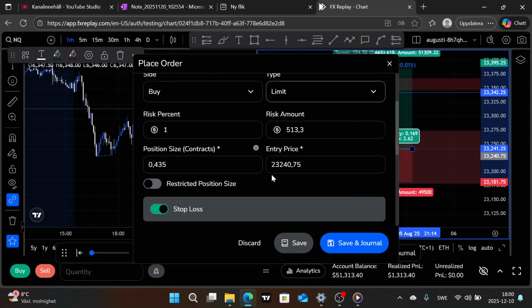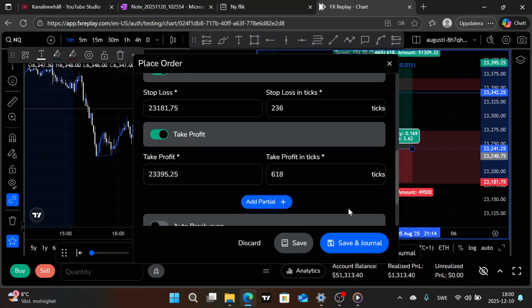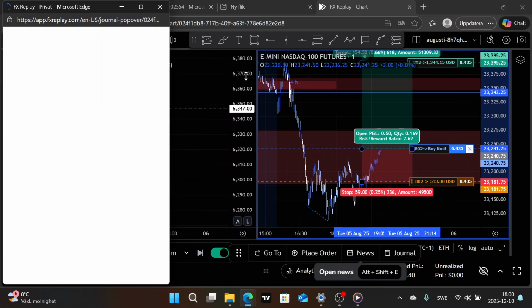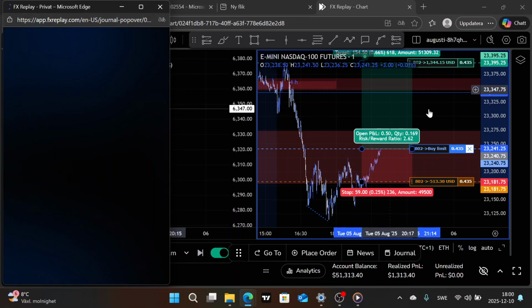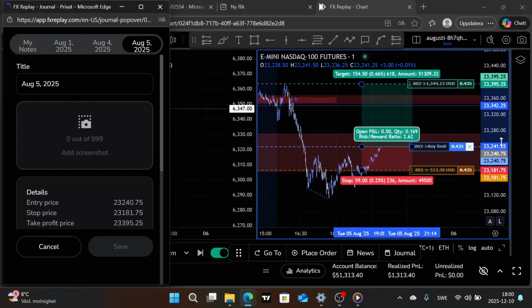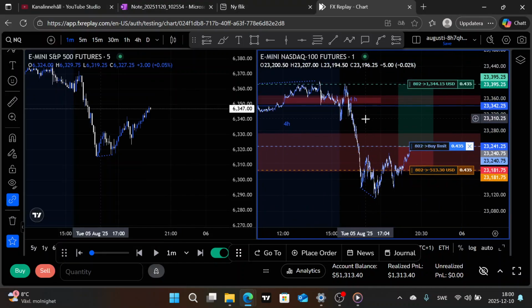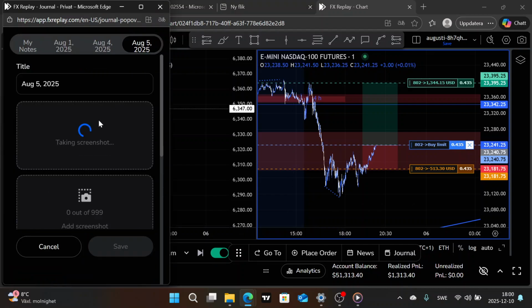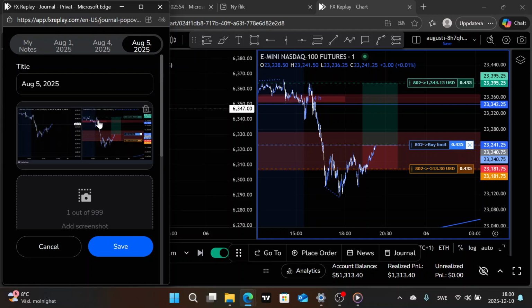Place order, 1% of my account, which is $513, and save and journal, and take pictures, as many as you can. Just clicking here, it will take pictures of me.